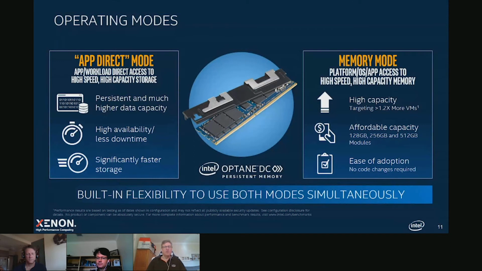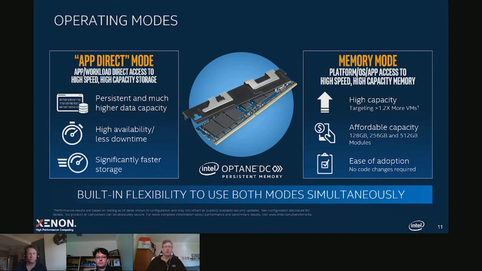So in this first slide, to look at the operating modes, the product can operate in two different modes. It can operate in what we call app direct mode, where the application is talking directly to the DIMMs, or it can operate in memory mode, where it is transparent to the applications and the operating systems. So I typically like to start on the right-hand side in memory mode. When the DCPM is running in memory mode, it is effectively acting as another layer of memory.